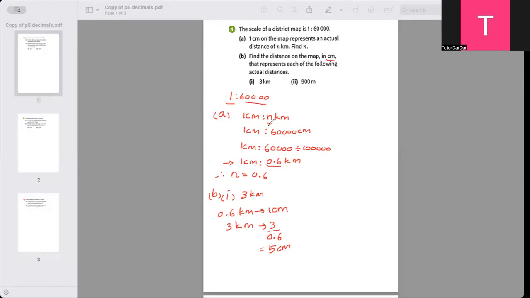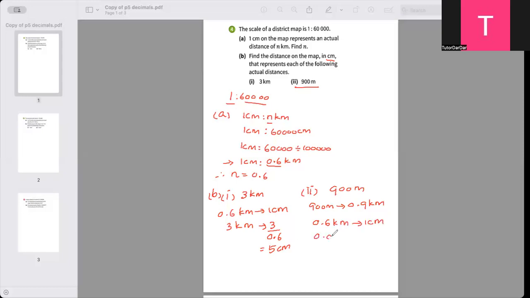This is number 1. Now number 2. What did they give you? 900 meter. Now look at the question. Do we have any meter here? No. What we have is kilometer, right? So 900 meter converted to kilometer is going to be 0.9 kilometer. Again, we have 0.6 kilometer, which is 1 cm.